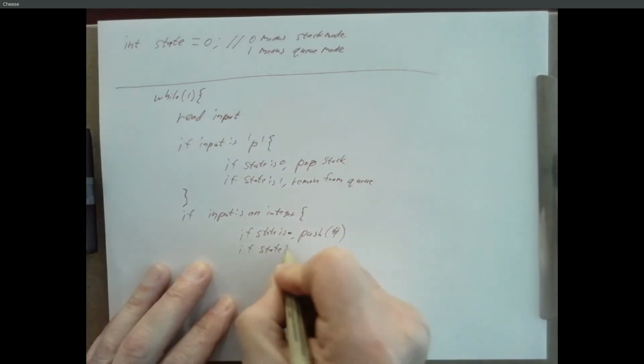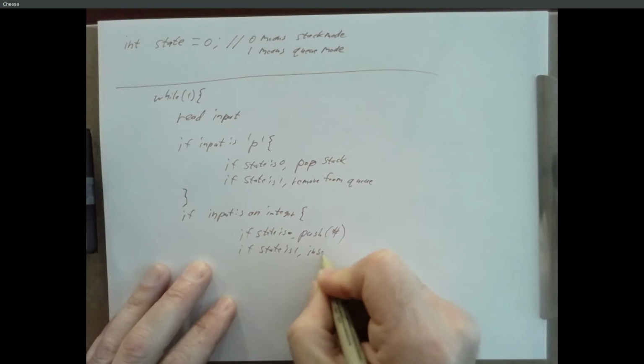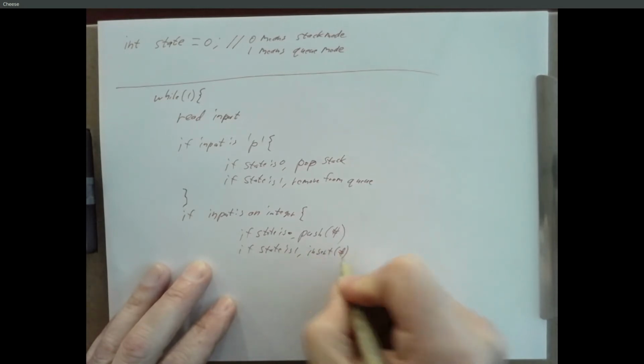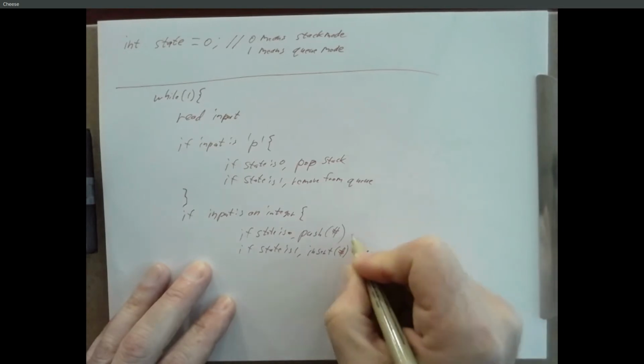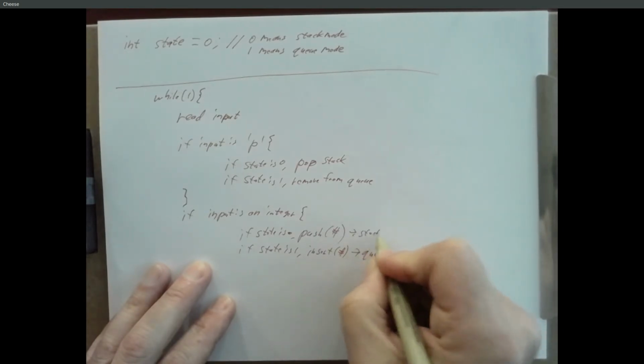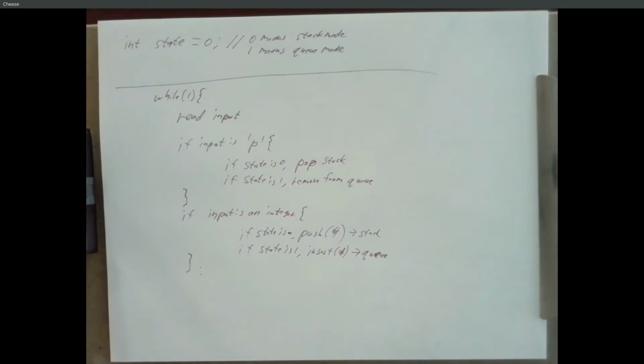If your state is 1, insert your number into the queue, and so on. And then how do we change states?